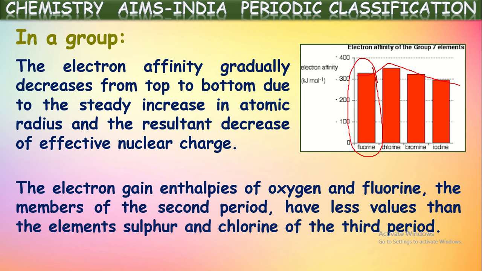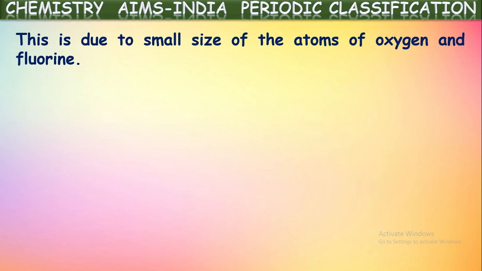So the electron gain enthalpies of oxygen and fluorine, which are members of the second period, have lower values than the third period elements in the same groups, like sulfur and chlorine. So this is due to the small size of the atoms of oxygen and fluorine.